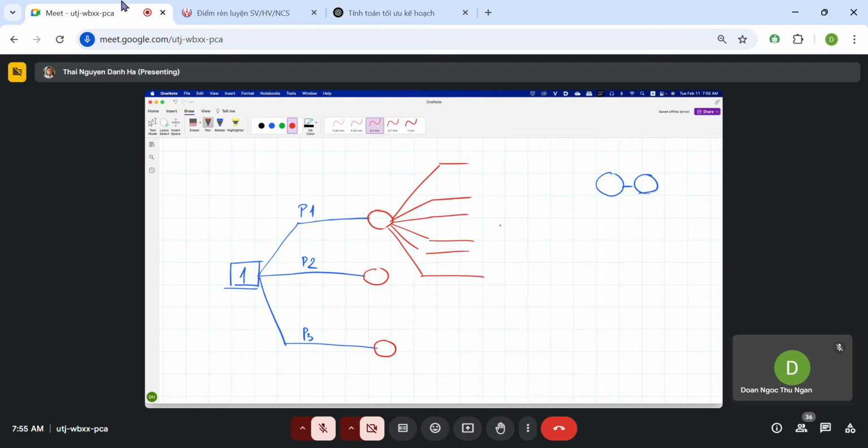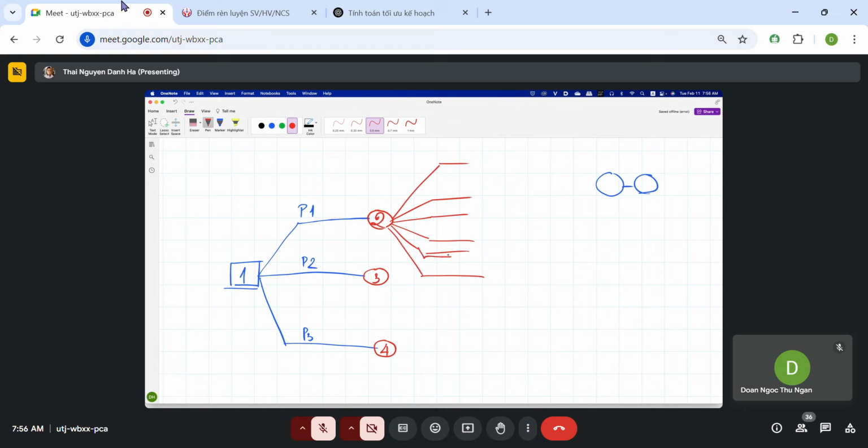What is the meaning of the state of nature we have here? From the first node, we name it with the first number. And the next ones we can name from the left to the right and from the top to the bottom here. So we have the node of the state of nature number 2, number 3, number 4.